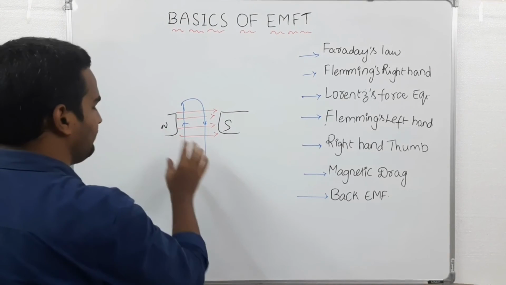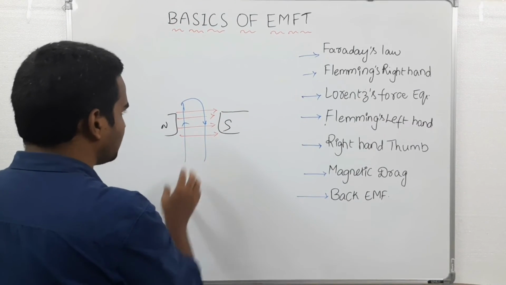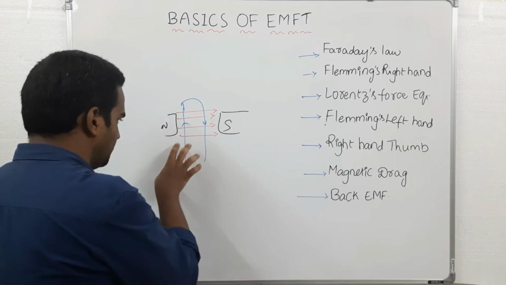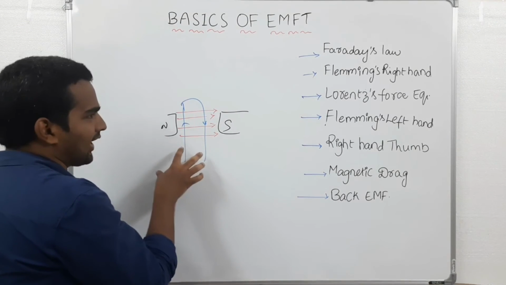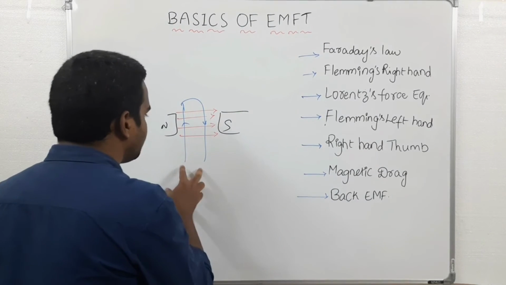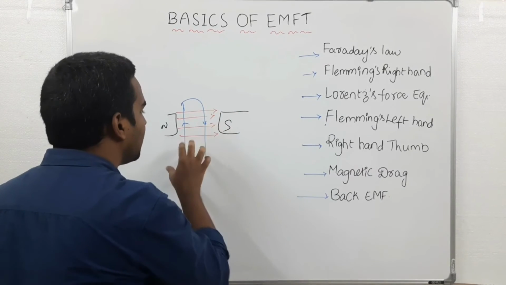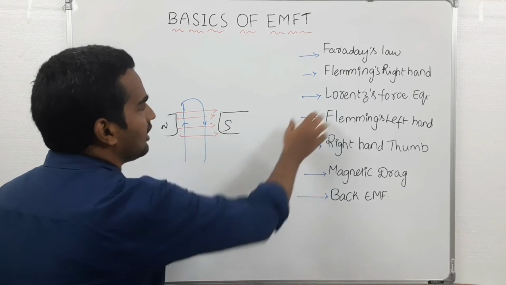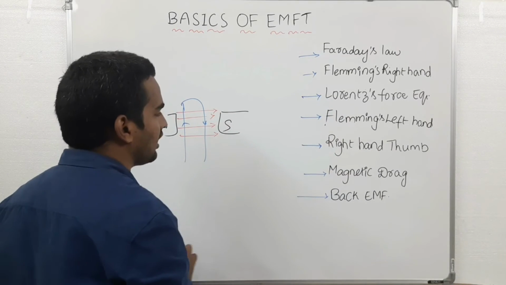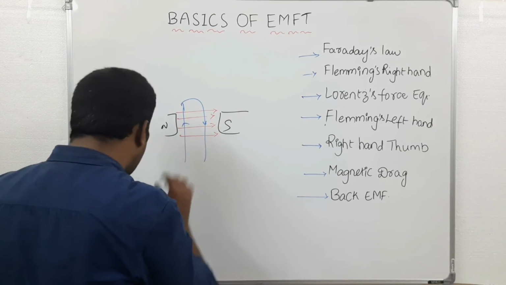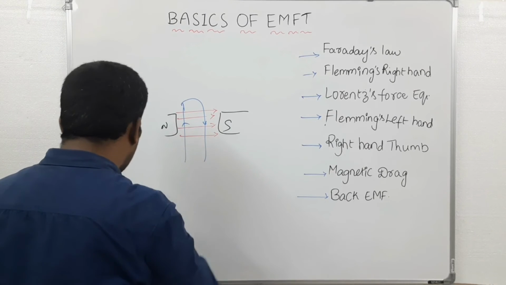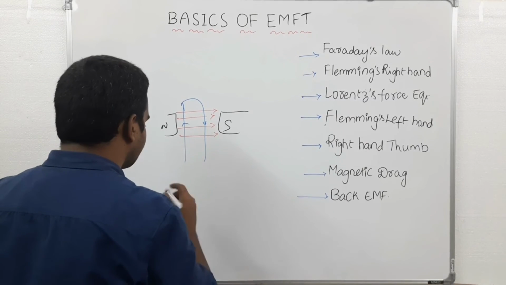Okay. Now carefully listen to me. These two are current carrying conductors, aren't they? So these current carrying conductors placed in a magnetic field experience a force on them. That is called Lorentz law. And in this generator also, these two are current carrying conductors.